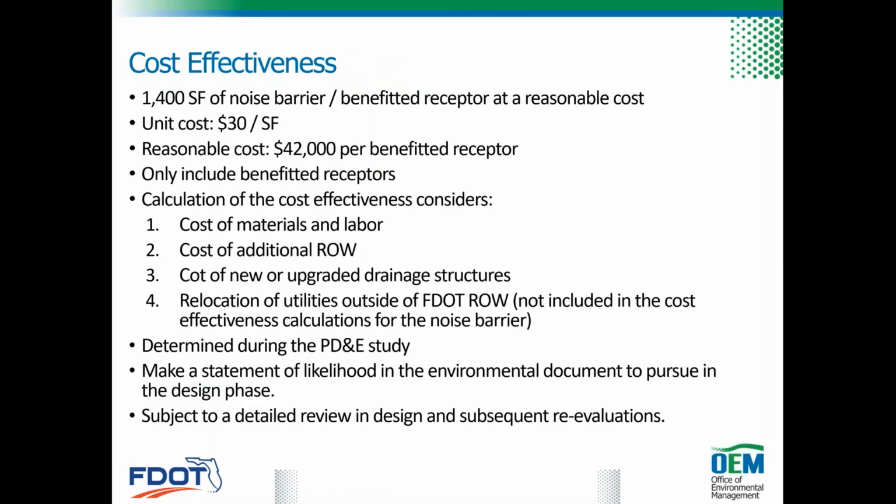The cost effectiveness, all of this, I want to point out the reasonable cost is $42,000 per benefited receptor. And the chapter goes into detail on how this $42,000 was calculated. It is determined during the PD&E study.